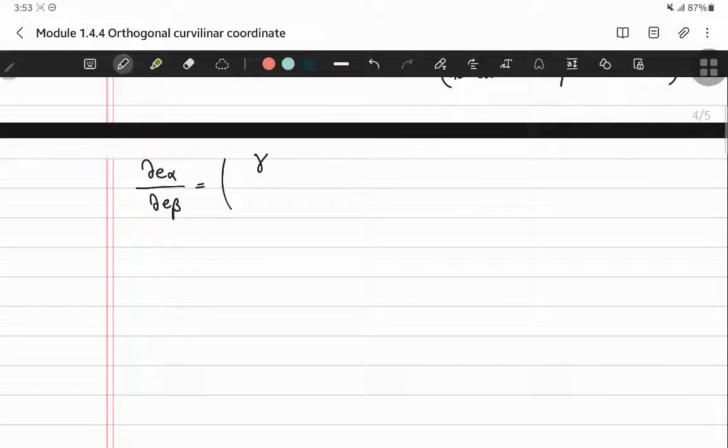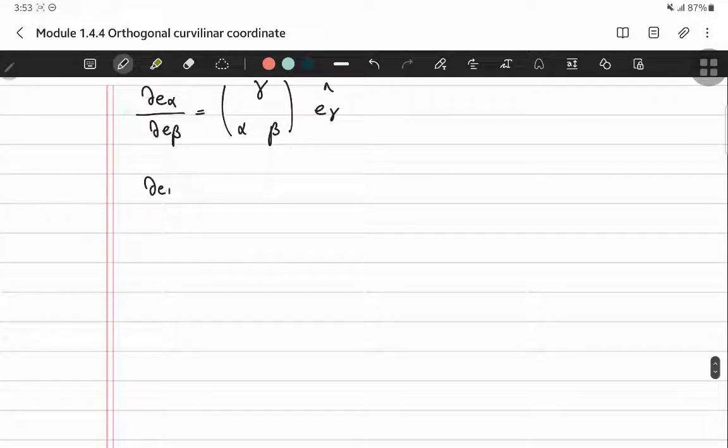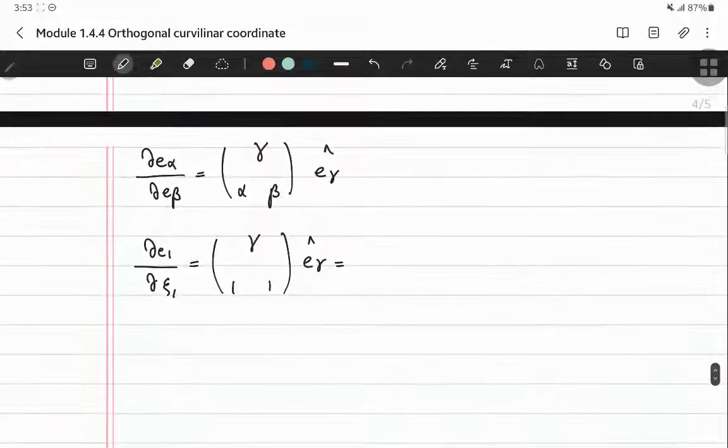It's the Christoffel alpha beta, then e, and it is, of course, e1. Then we have z1. So it is gamma 1 1 e gamma. And remember, no summation on repeated indices.